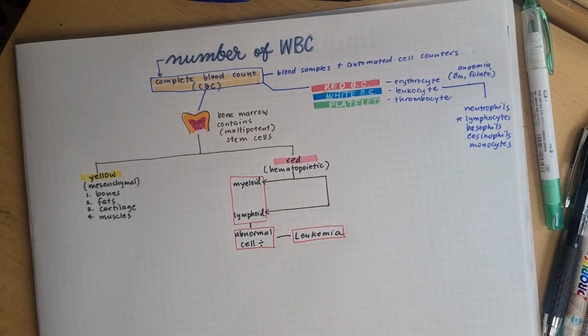By definition, leukemia is the cancer of the blood or bone marrow. Leukemia can develop due to problems with blood cell production. It usually affects the leukocytes or the white blood cells.